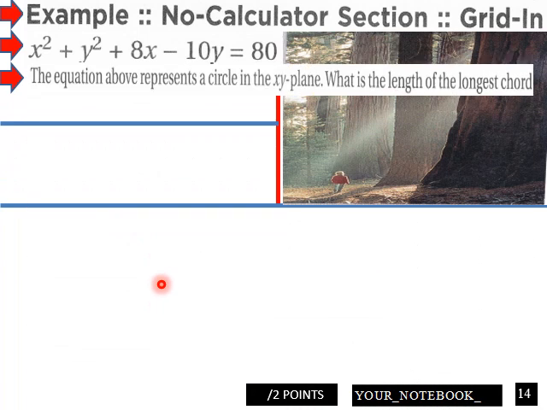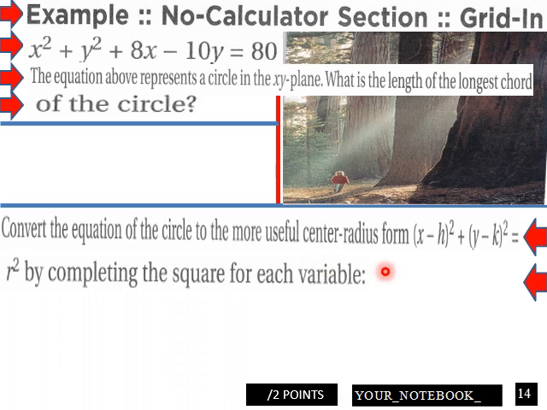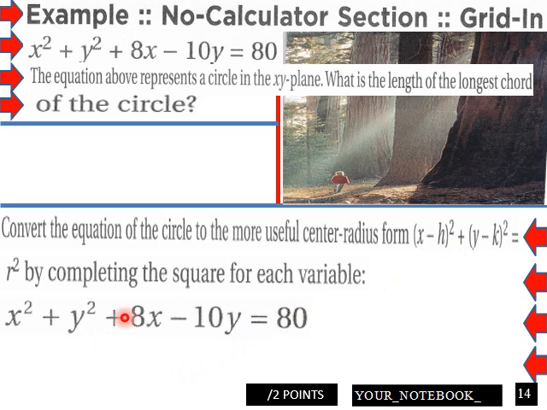Example, no calc. We have a quadratic here. The equation above represents a circle in the xy plane. So what is the length of the longest chord of this circle? Convert the equation to a more useful center-radius form, which is this here.